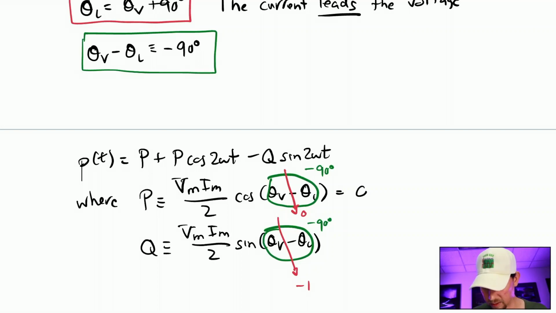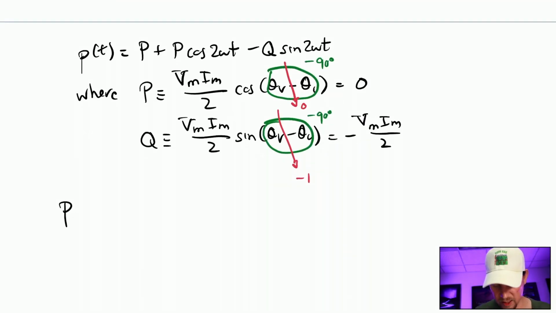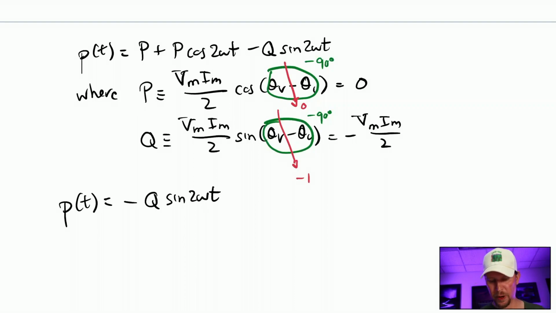So P is 0, and Q is minus V_m I_m over 2. Which means that the power for a purely capacitive load is of the form minus Q times the sine of 2 omega t, where the first two terms have completely dropped out.